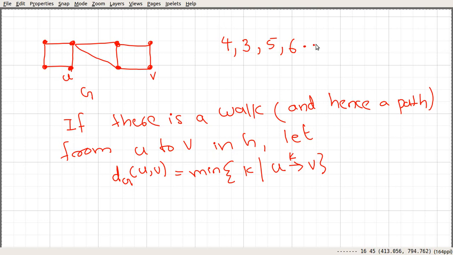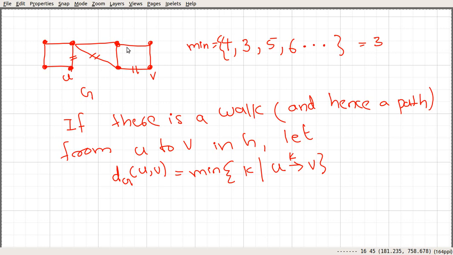There are many such paths. You take all such paths between those two vertices and you find the minimum in this set. Here we can see that the minimum is 3, and that says the distance between U and V in this graph is 3, and the walk or the path corresponding to that distance is this one.